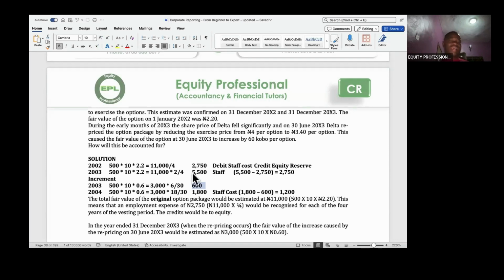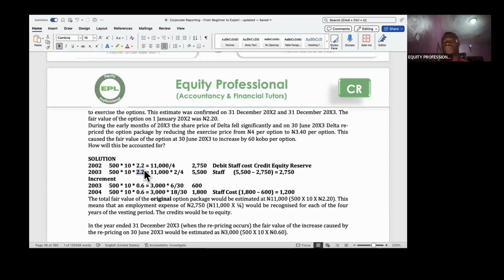So that's modification. It's really nothing different from the other ones we have done, other than the fact that there is an increase in the fair value of the option. And for that reason, we need to calculate the increment, the additional valuation that we are going to spread over the remaining period. Just like for this 60 kobo, I did not mix it up because our alternative way of doing it is just to remeasure this 2003 and say it should now be 2.8.